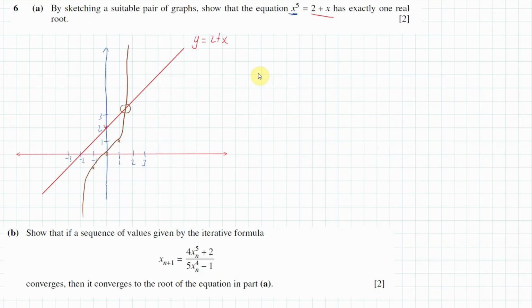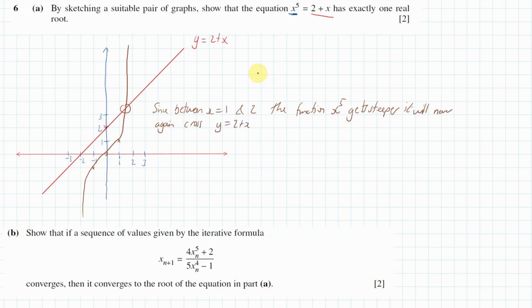So I would write: since between x equals 1 and 2, the function x to the power of 5 gets steeper and will never again cross y equals 2 plus x.